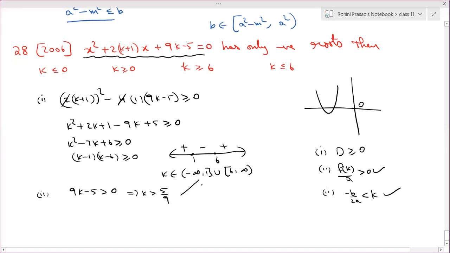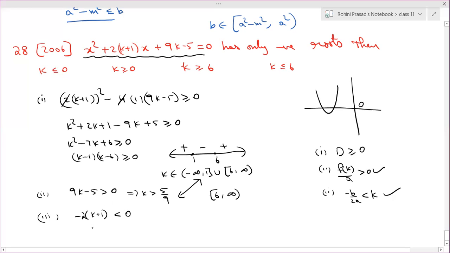So if you take the intersection of these two conditions, this interval goes, and as of now it is this, but this is not the final one. You should check the next condition also, which is minus b by 2a is less than k, or sum of the roots less than 0. Both are the same actually. So minus 2 times (k plus 1) by 1 is less than k, or both roots are negative means sum of the roots negative.